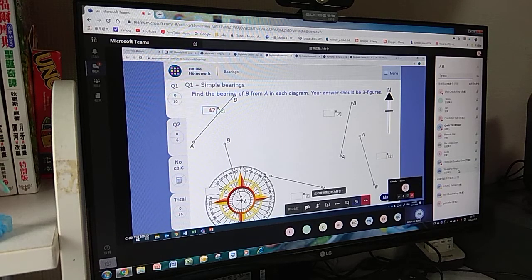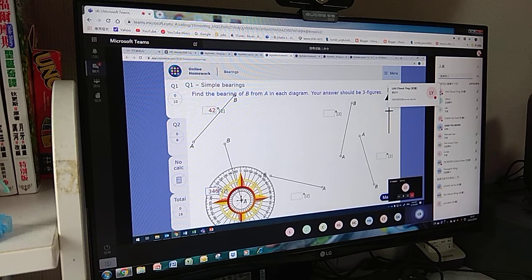And then if we rotate in the clockwise direction, 10 degrees will be 10 degrees, 180 degrees is the 6 o'clock direction. Okay, the 9 o'clock direction will reach 270 degrees, and you can see here is 346 degrees.